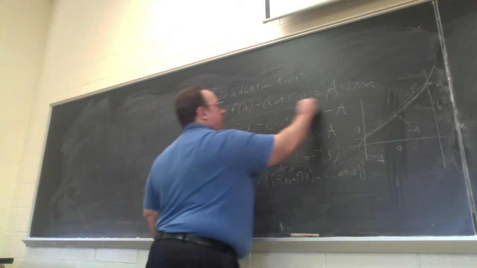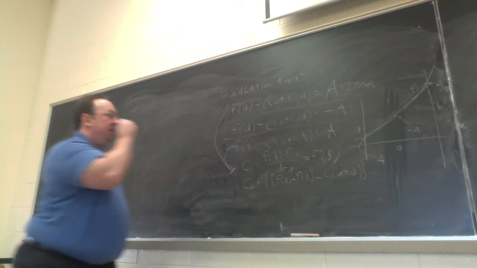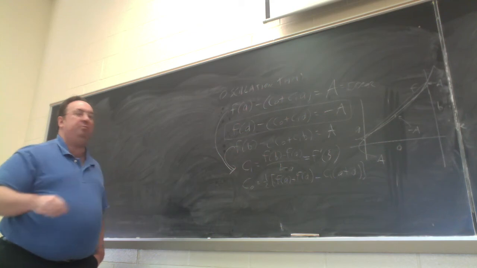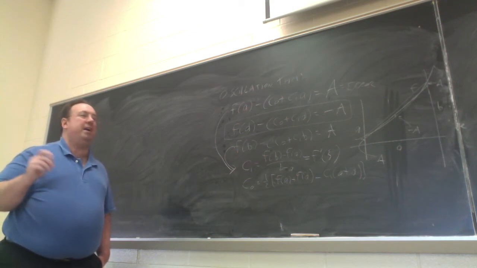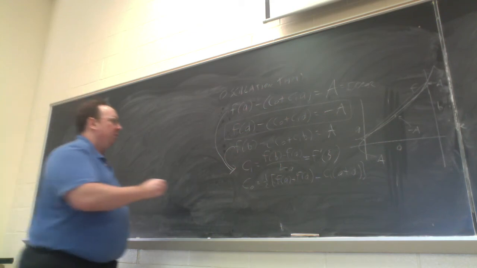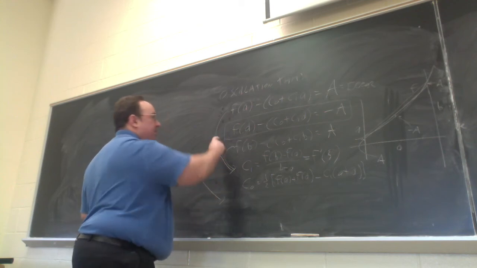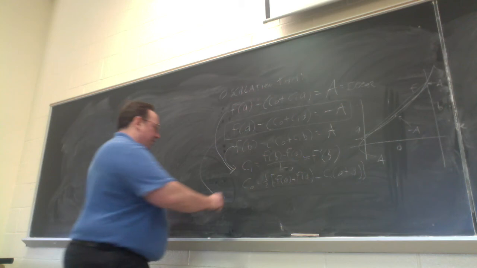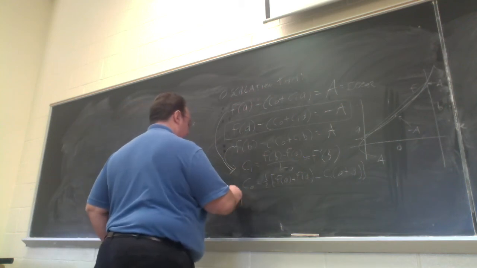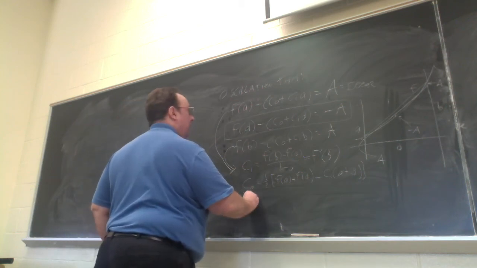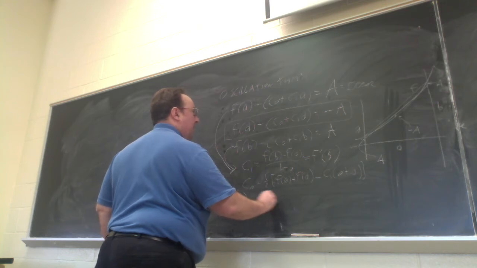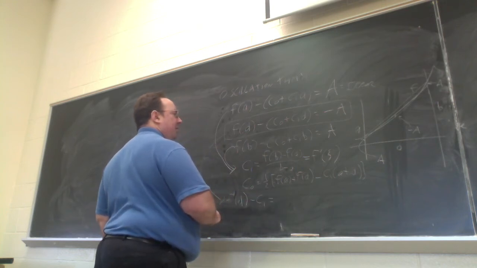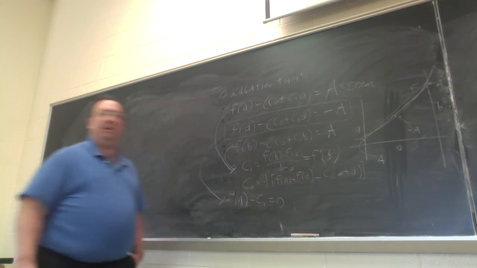If I take this equation right here, and I think of d as being a variable, what do I get if I differentiate this equation with respect to d? f prime of d minus C1 equals 0. So there you go.